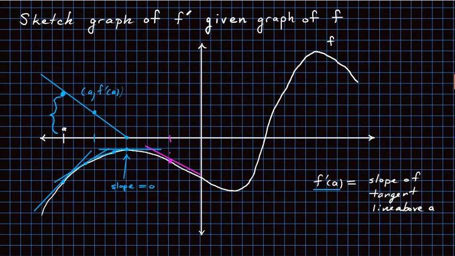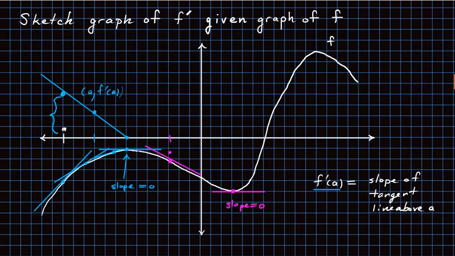So the value of f prime is negative, and the graph of the point A comma f prime of A lies below the x-axis. And that happens until I get to here. And this is a place where I again have a horizontal tangent line. So here the slope is 0.